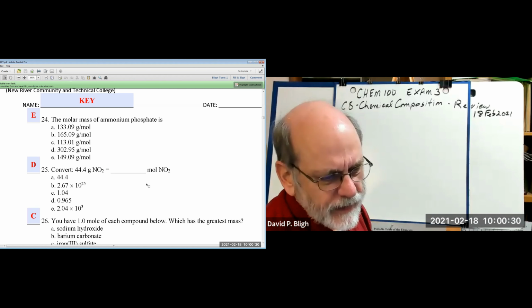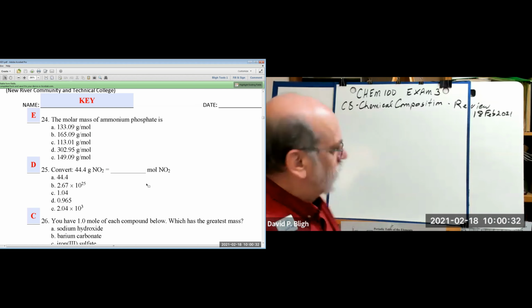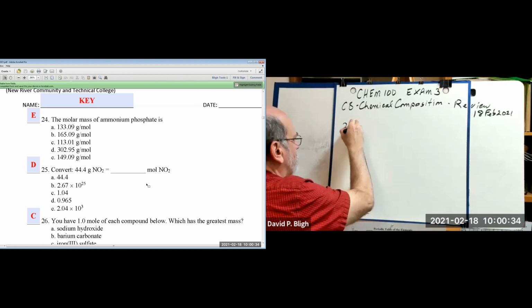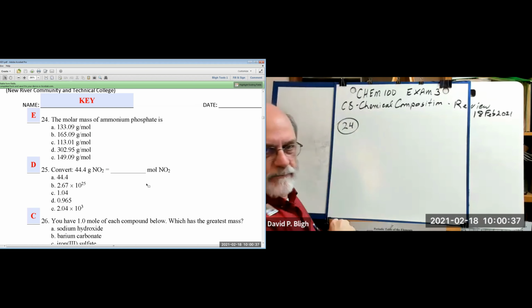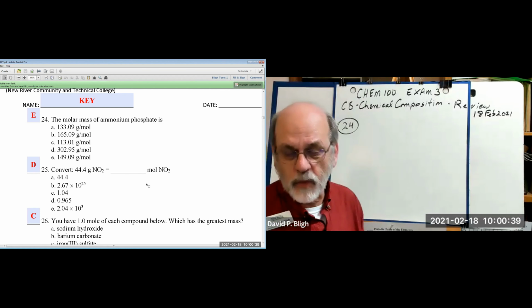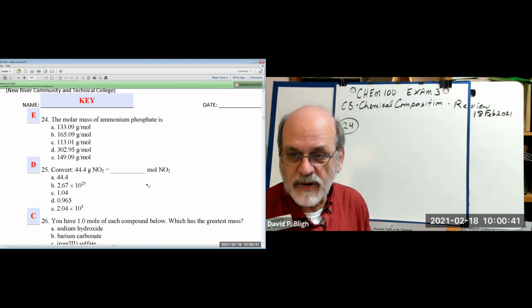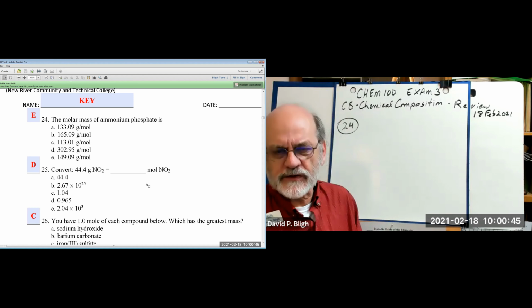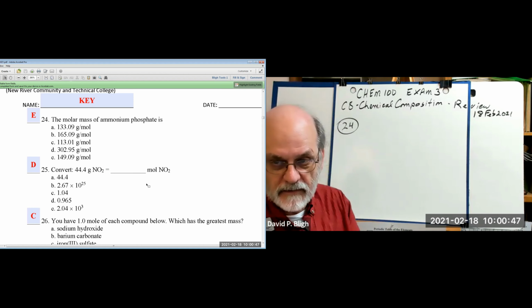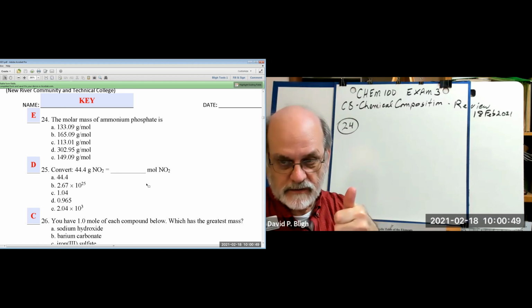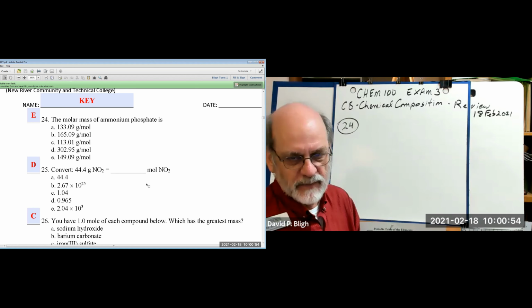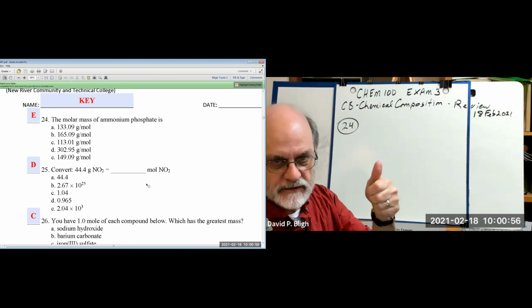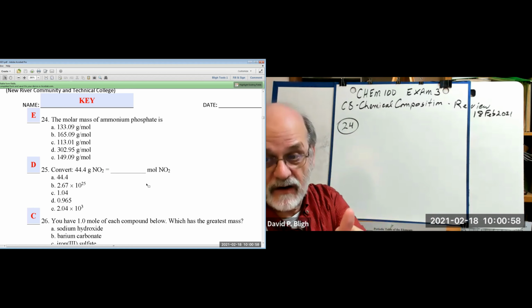All right, 24. Ammonium phosphate. This is one of those compounds that's a binary compound in my way of thinking. I know the authors think of binary compounds as single atoms, one atom A and one atom B together. But I think of binaries as a cation and an anion.